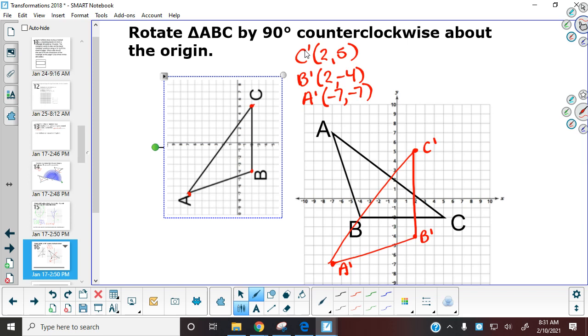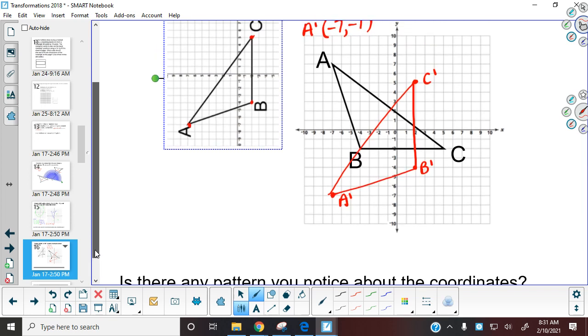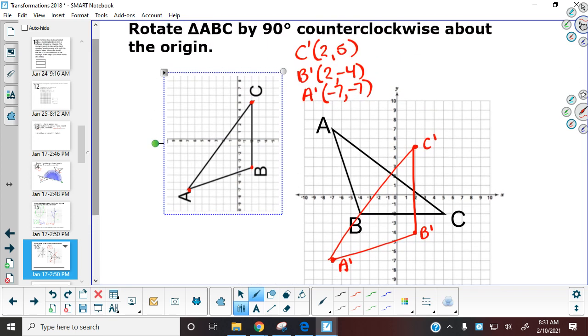And again, at the bottom of this, it asks you again, is there any pattern you notice about the coordinates? So as you look at this, let's take a look. Sorry for that little bump. My original C was at 5, -2. My original B was at -4, -2. And my original A was at -7, 7. So if we look here, I'm going to ask you what happened.